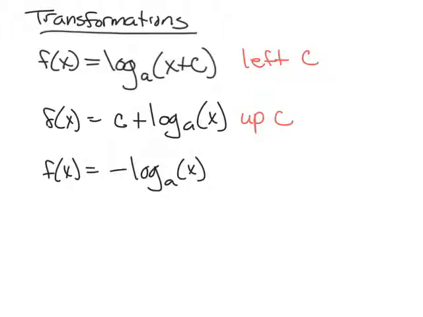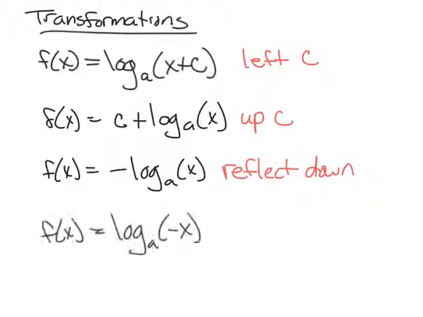The third transformation we'll look at is a reflection. If I have a negative 1 as a coefficient in front of the log function, it basically negates all of your y values. So that means it's going to reflect down. It's going to reflect over the x-axis. Remember, we always reflect first and then move. Finally, we have a horizontal reflection, or a reflection over the vertical asymptote.